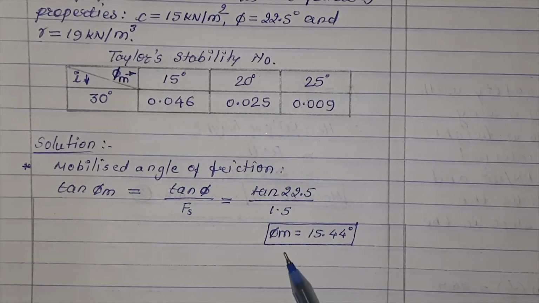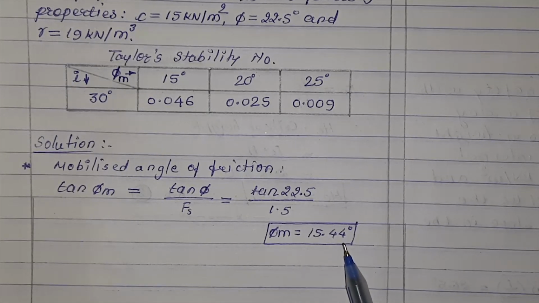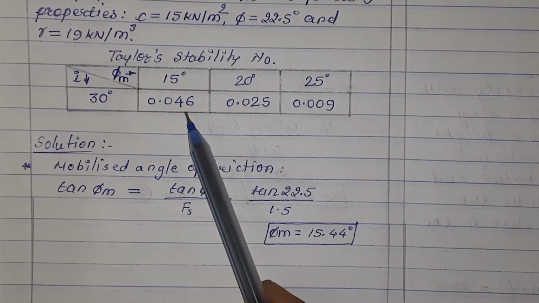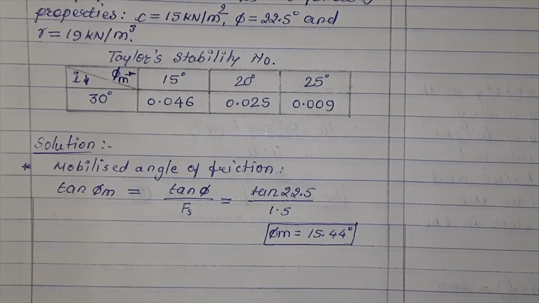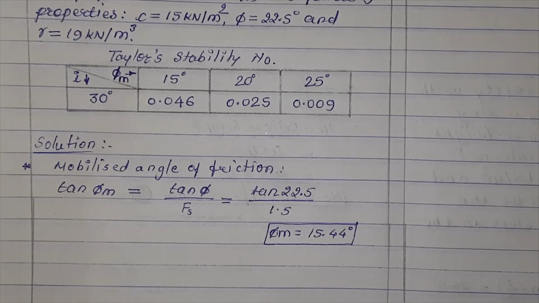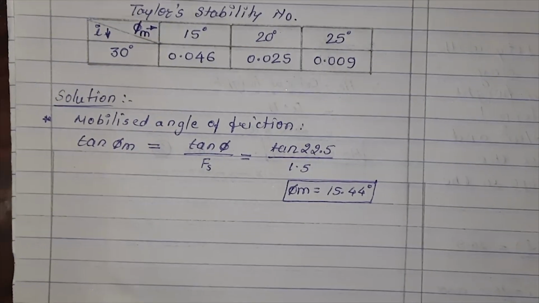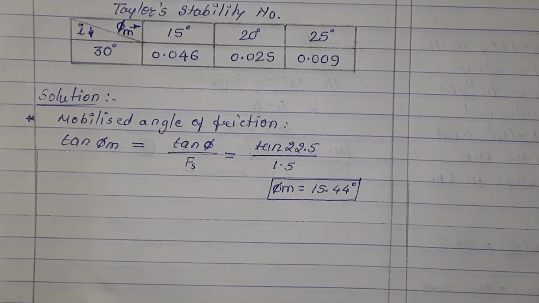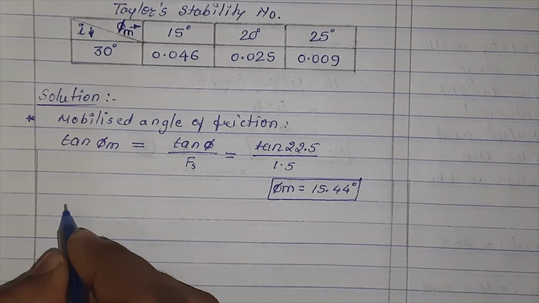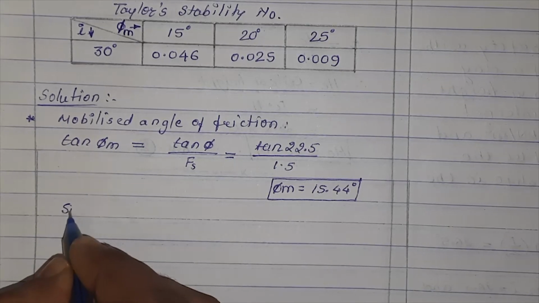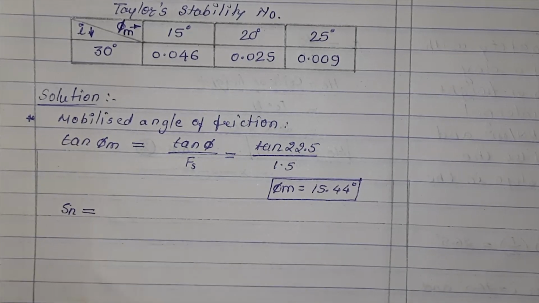But our phi m is 15.44. So we have to go for interpolation and thereafter we will obtain the value of Taylor stability number. How to solve for 15.44 degrees angle of mobilized friction. Thus, Taylor stability number we want to find out for phi m equals to 15.44.